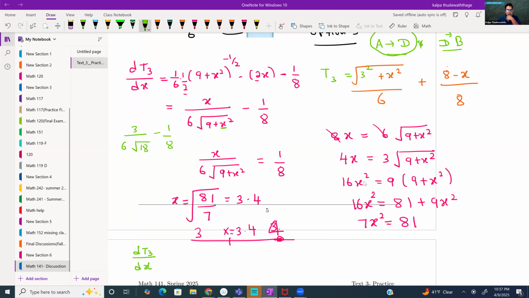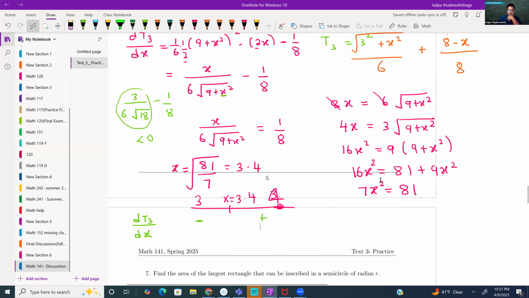Is this plus or minus? That's my question. The square root of 18 is more than 4, so this number is smaller than 1 over 8. So this is negative.